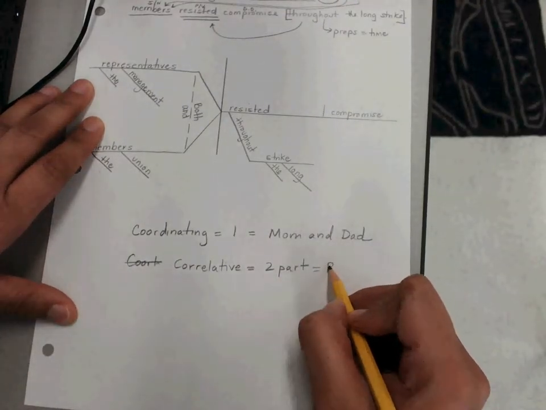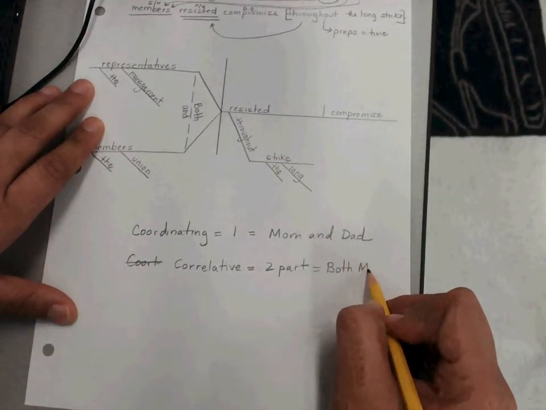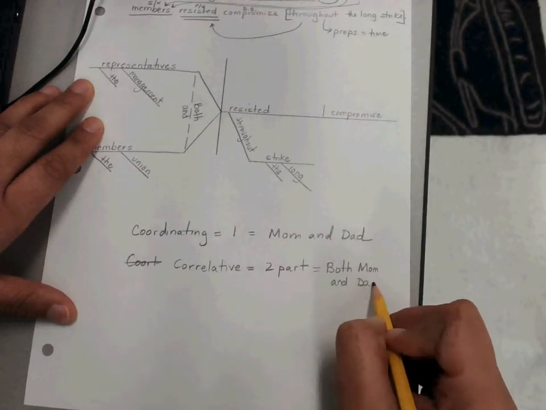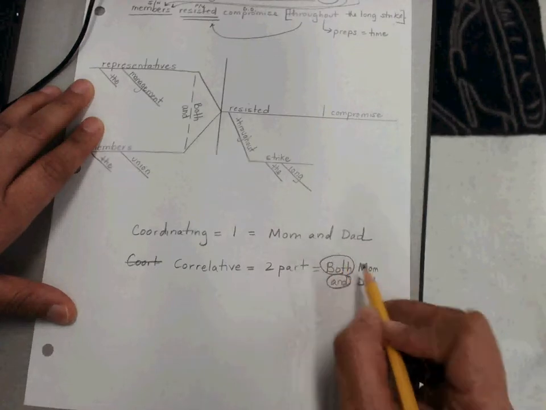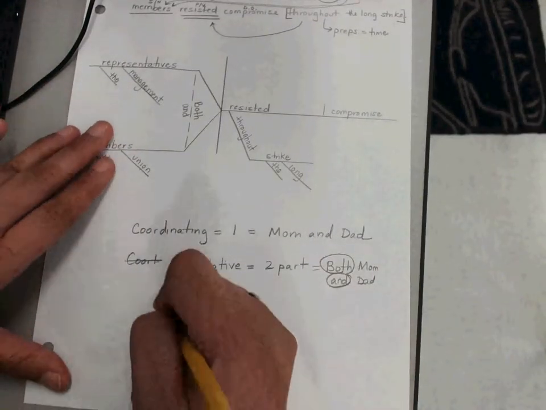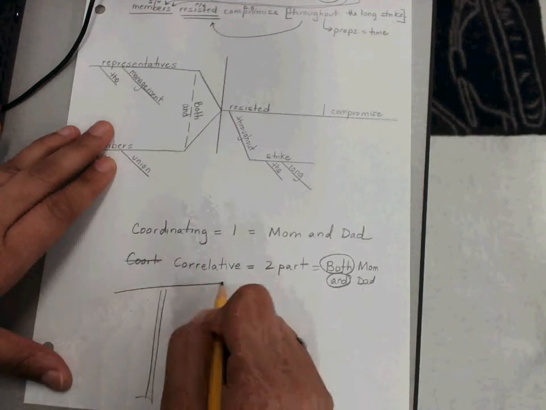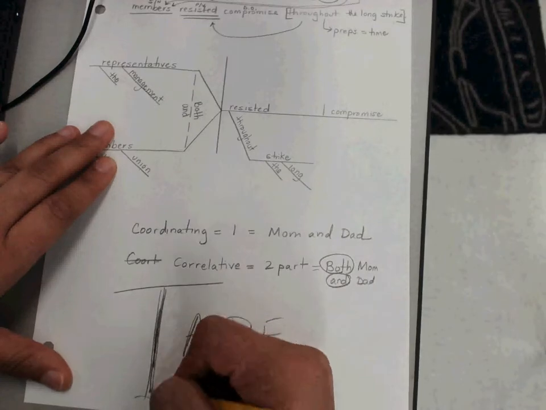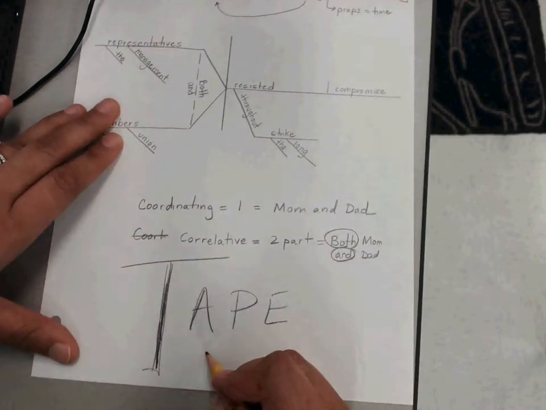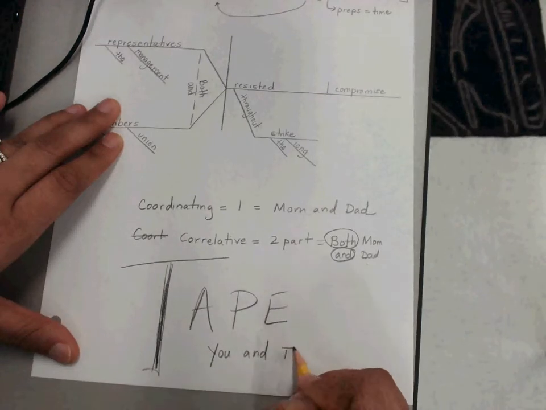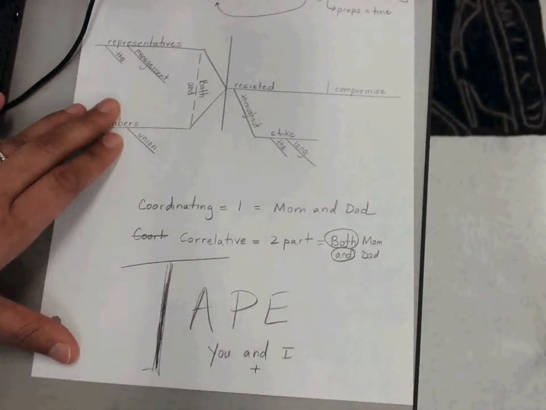So that might be like both mom and dad. Here I've got two conjunctions linking mom and dad. All right? So just as a reminder. Remember as well that conjunctions are like tape. They glue things together. Like you and I. This is taping us together, okay?